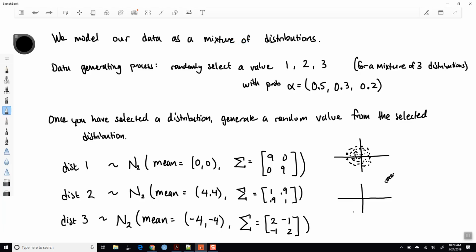So -4, -4 would put us down here, and you'll have some covariance like that.